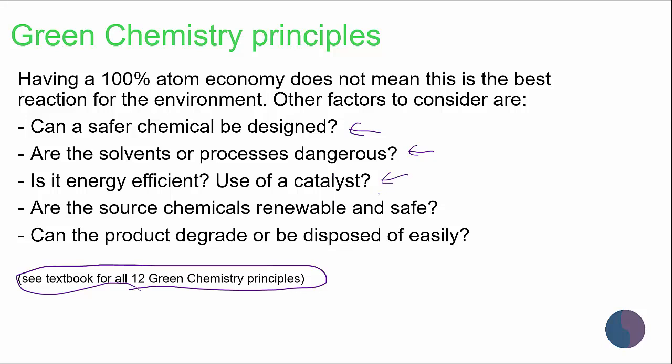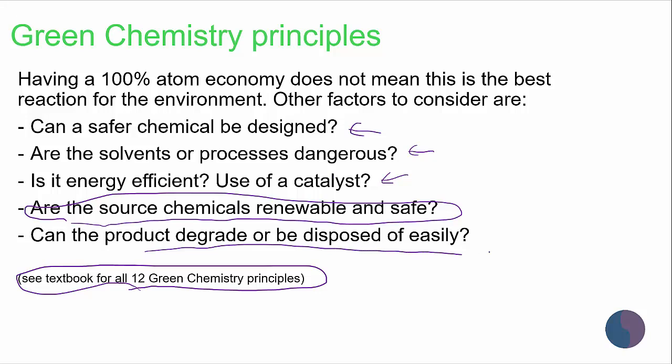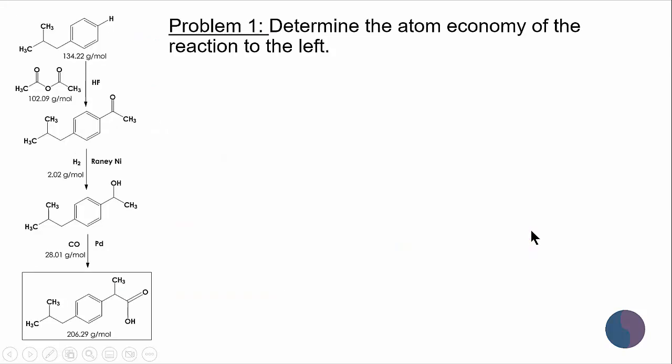Does one have a catalyst and it takes a lot less energy to create? Are the chemicals for the reaction safe and renewable, or is the other one better? And can you get rid of the product easily, or dispose of it easily, or can it degrade easily? So there's just a couple of things that show that atom economy is not the be all and end all of having something that's environmentally friendly. So let's just go through some practice questions.